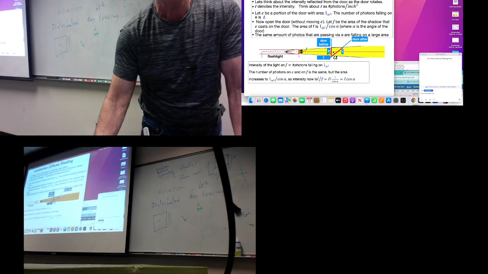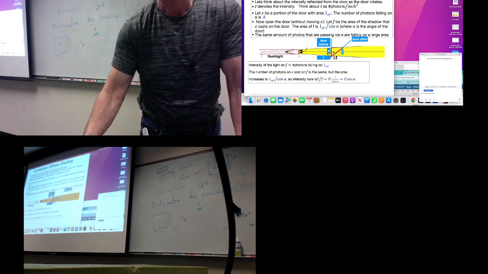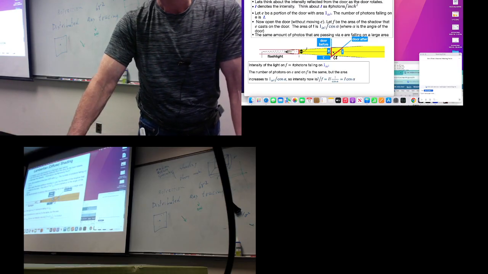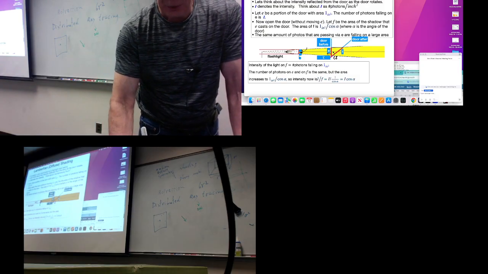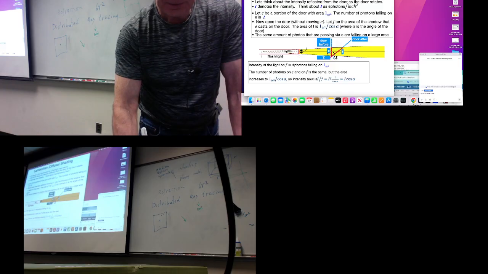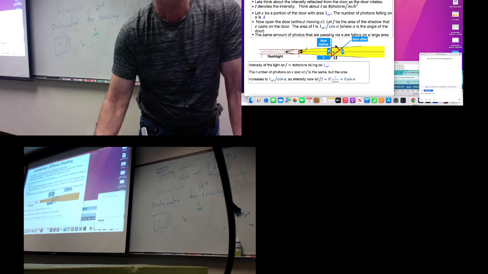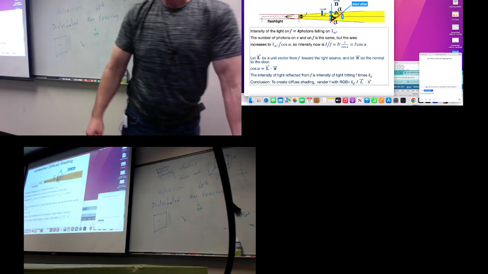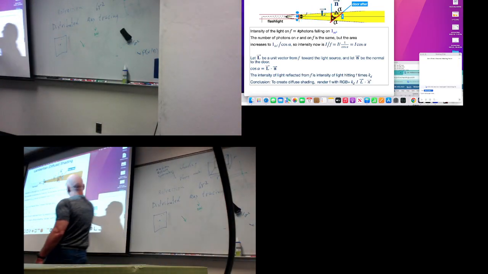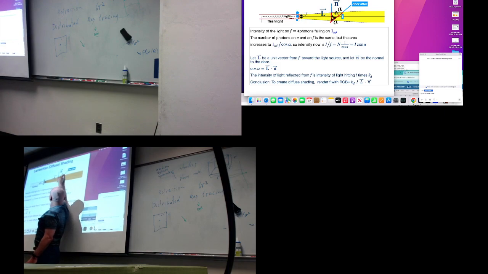So if the area of the door is 1, I get 3 photons per area of 1. Opening the door, hopefully, now its normal is different, meaning that I still have the same 3 photons, but now they need to split over a somehow larger area.